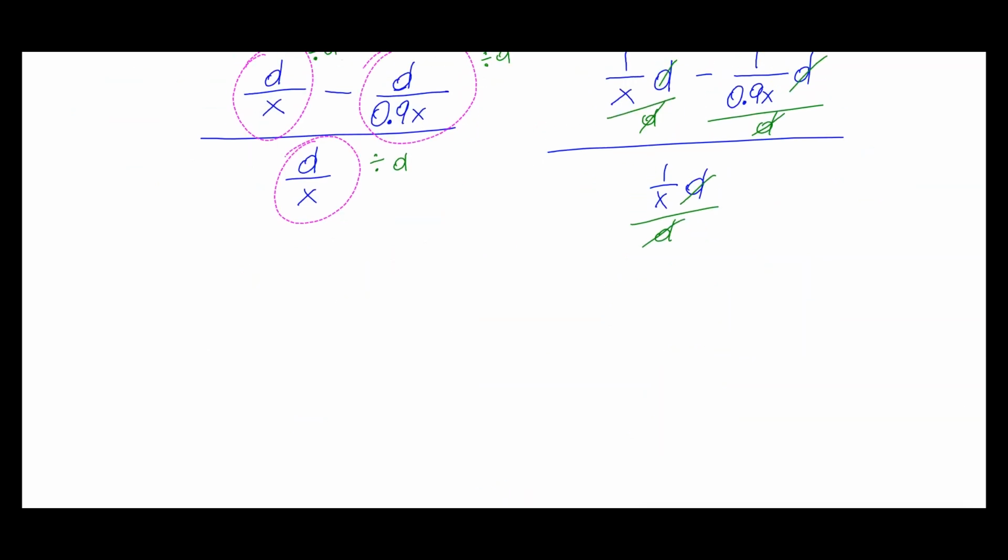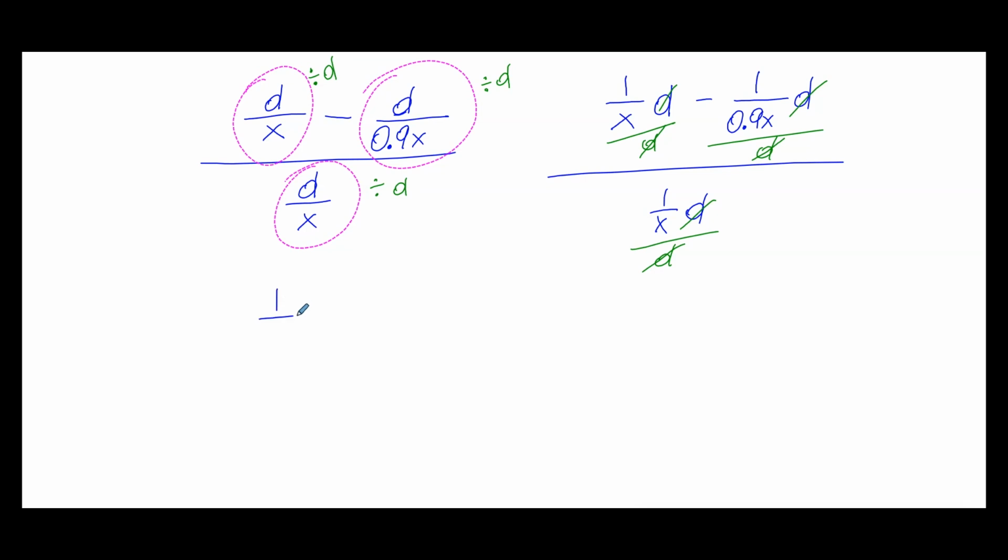So let's see what we are left with: 1 over x minus 1 over 0.9x on top, and 1 over x at the bottom. How do I deal with that? I need to get one fraction on top, so I need a common denominator.